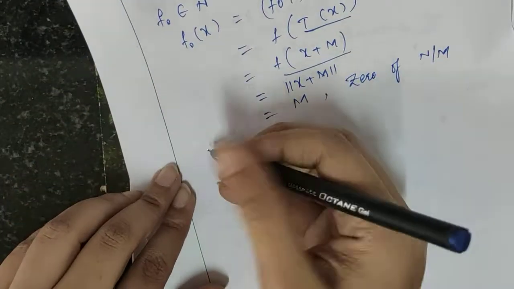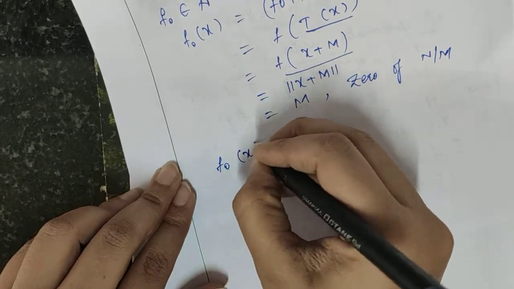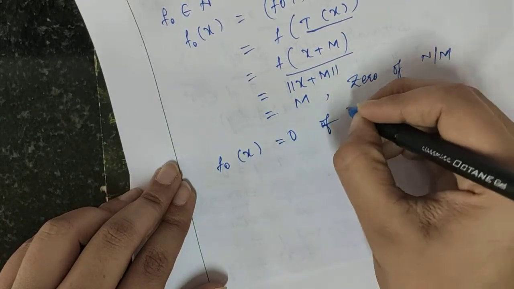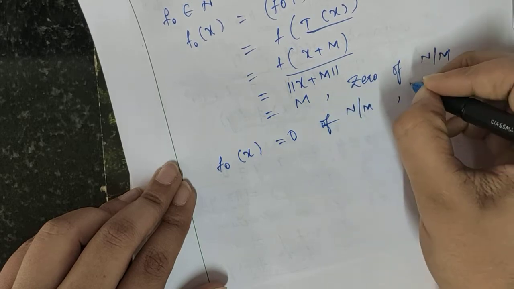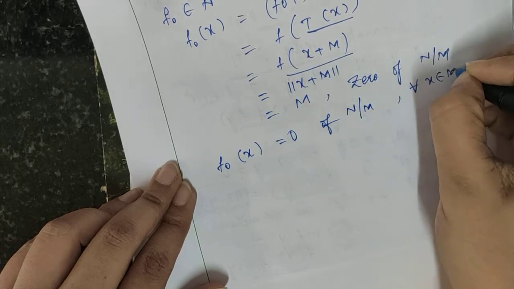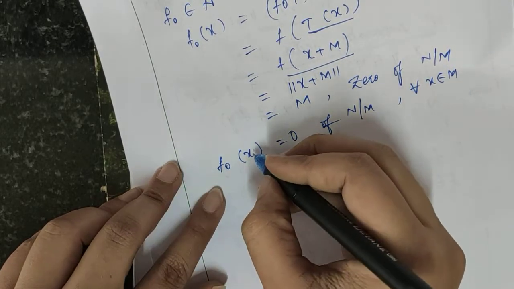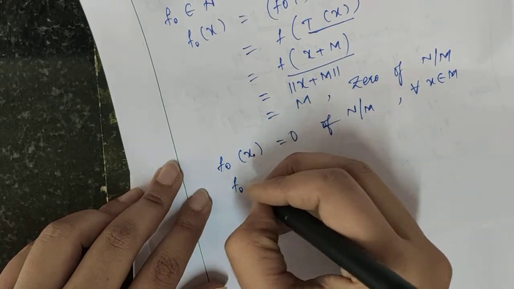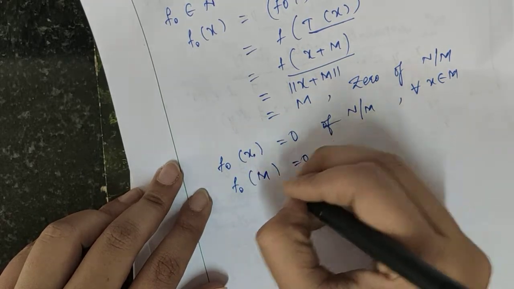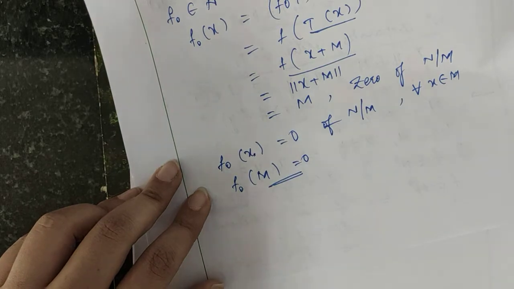Or I can write in another way, that is f naught of x is equal to 0 of N by M for all x belongs to M. Since x belongs to the space M, I can write f naught of M is equal to 0.